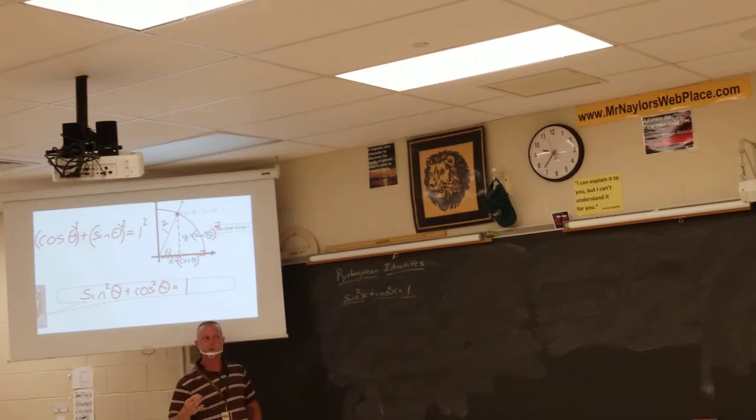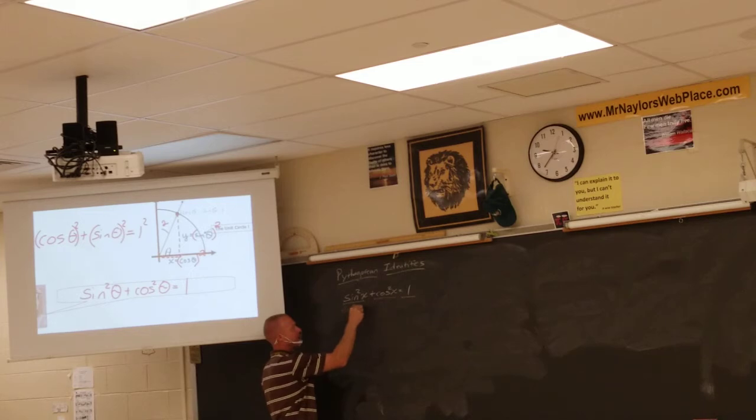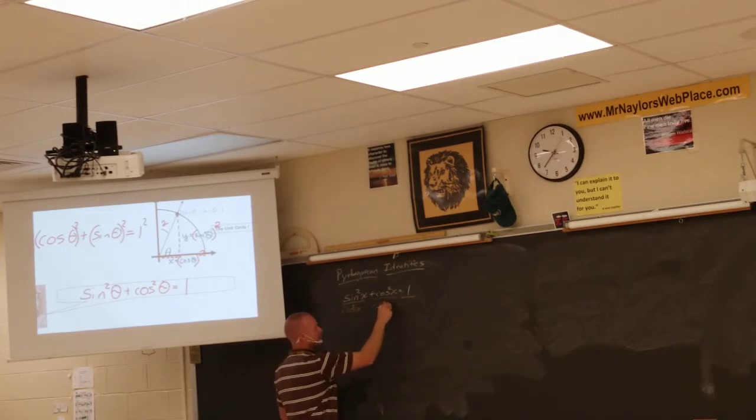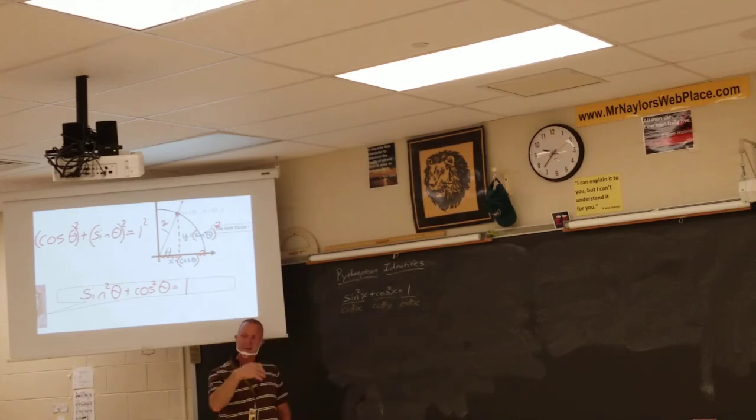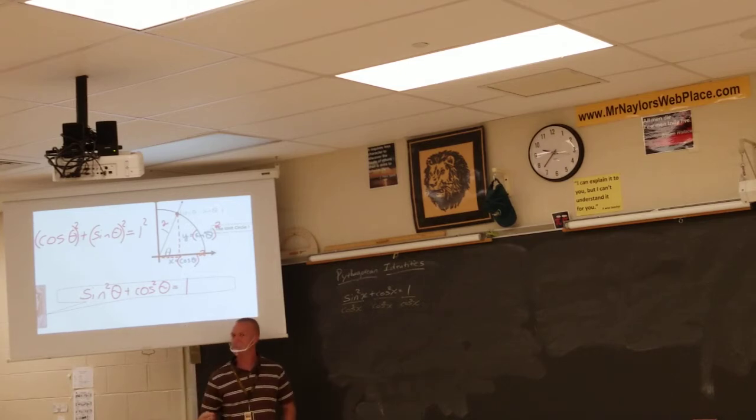As long as I divide everything, this would still be true. But to lead this conversation, I'm going to suggest that we divide by cosine squared. Now, as I said, I wouldn't expect you guys to say, hey, divide by cosine squared. But I do hope that you're saying, okay, you're allowed to do that, Miss Naylor, as long as you do the same thing to all parts of the equation.